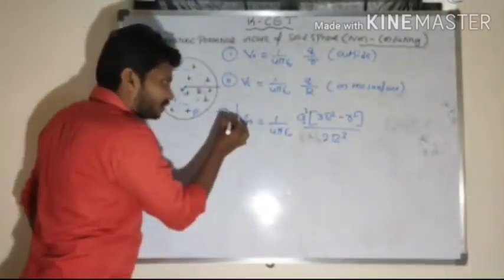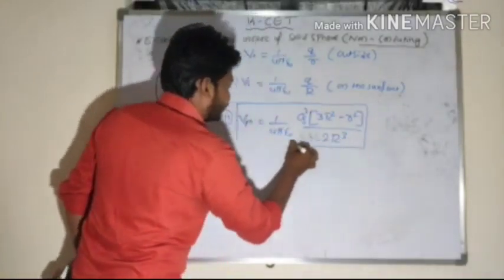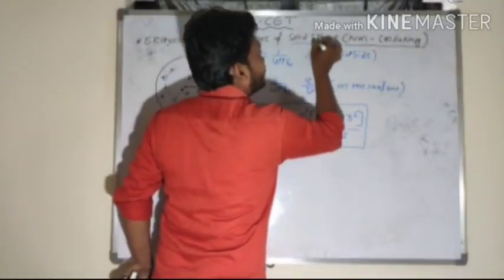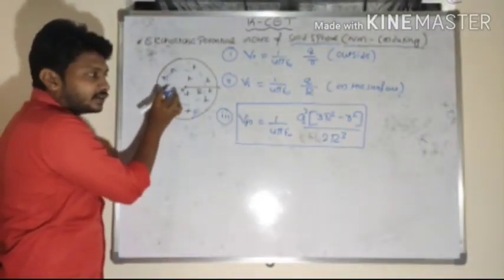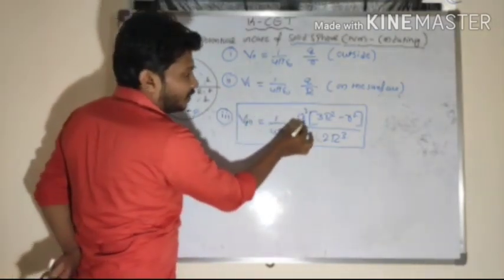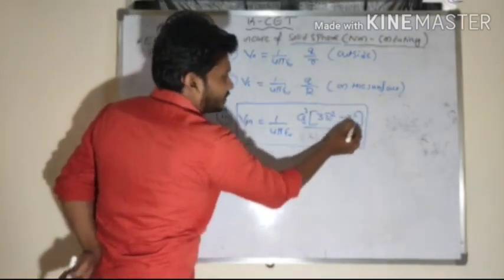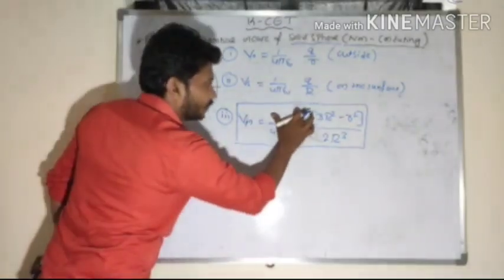What about the electrostatic potential when the point of observation is inside the non-conducting solid sphere? What's the formula? 1 by 4 pi epsilon naught q into 3R square minus r square divided by 2R cube here. Sorry, this one is q only.